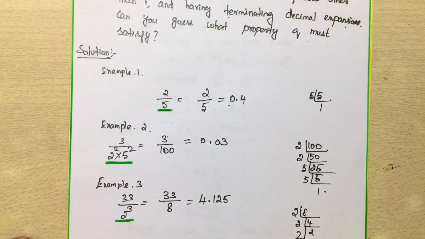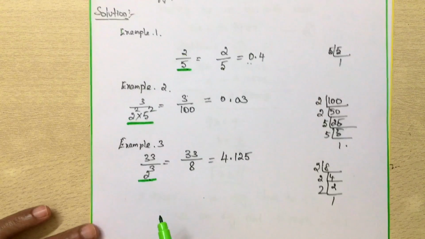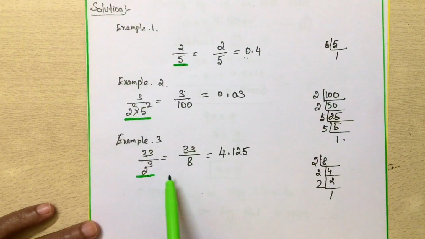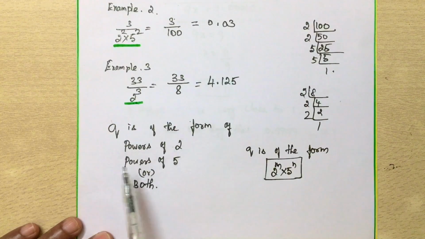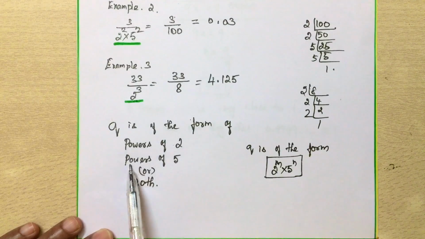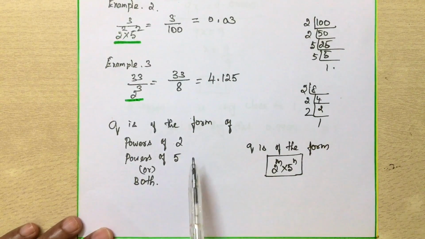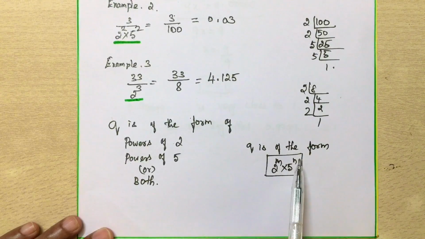So this is the indication we get about the property of Q. So you can finally give your answer like this. Q is of the form of powers of 2, powers of 5, or both. So Q is of the form 2 power m into 5 power n.